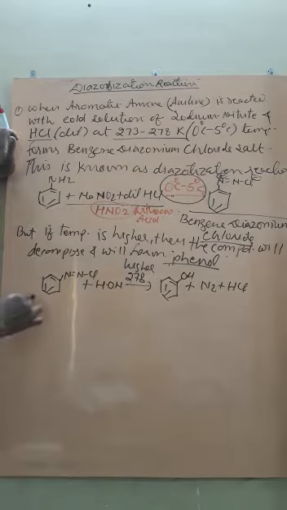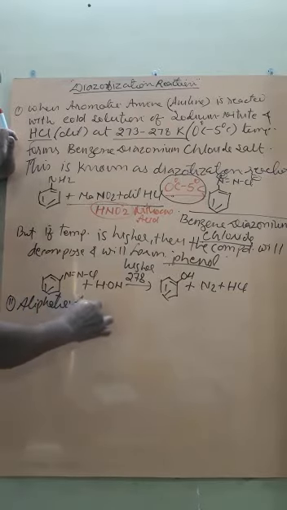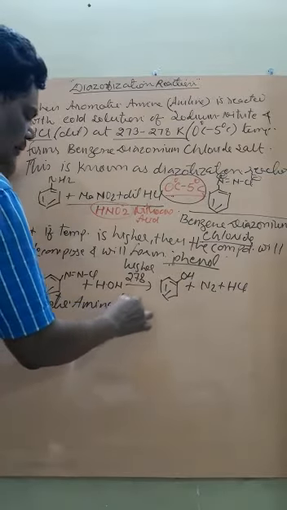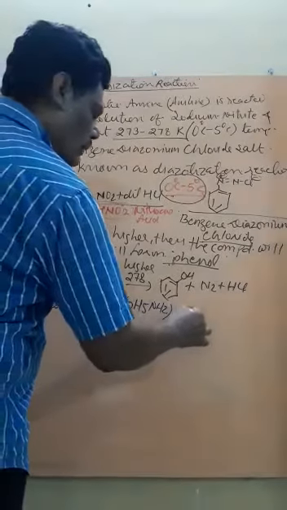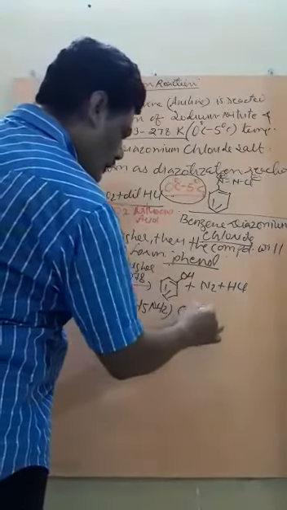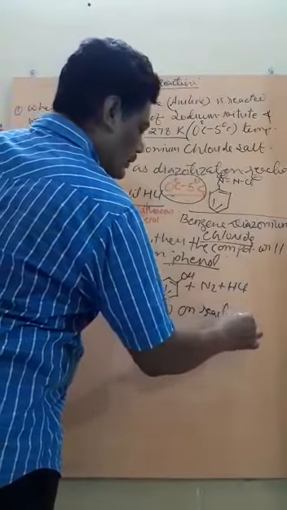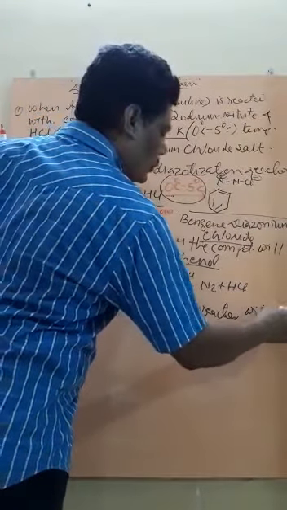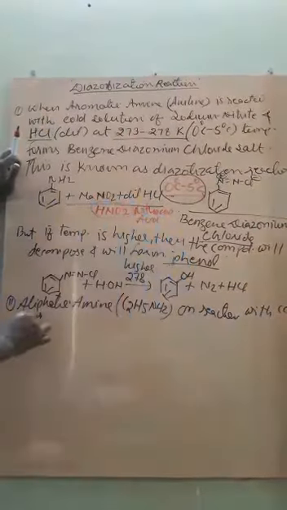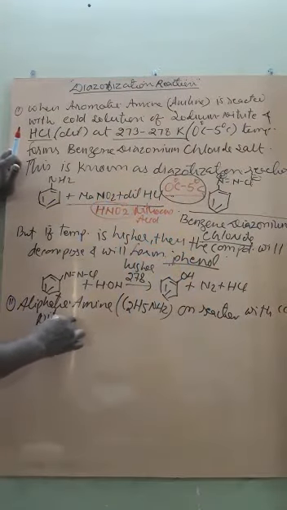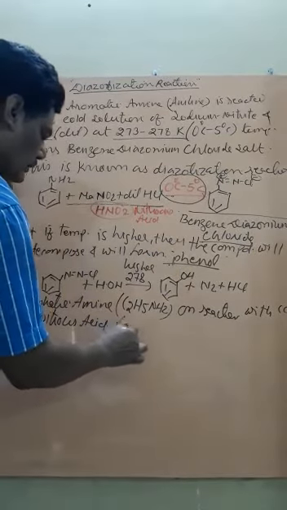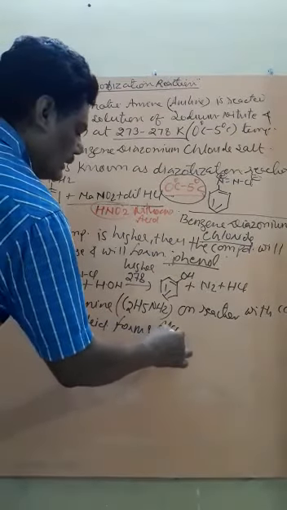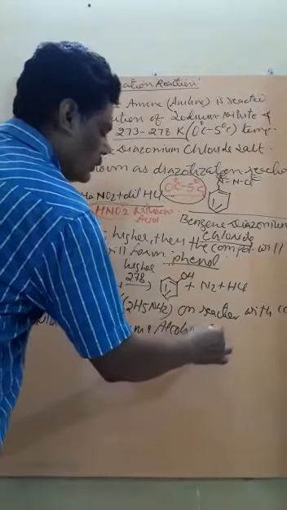Second one, aliphatic amine. If you take the example of C2H5NH2, on reaction with cold nitrous acid it forms alcohol directly.